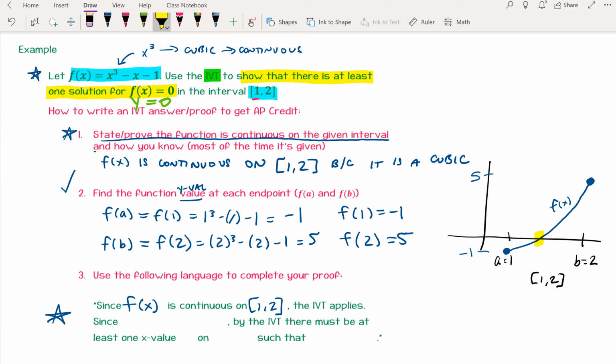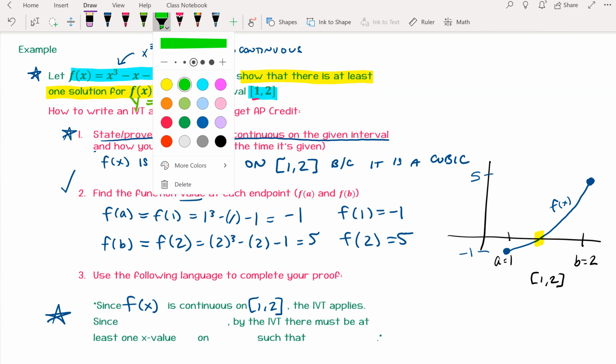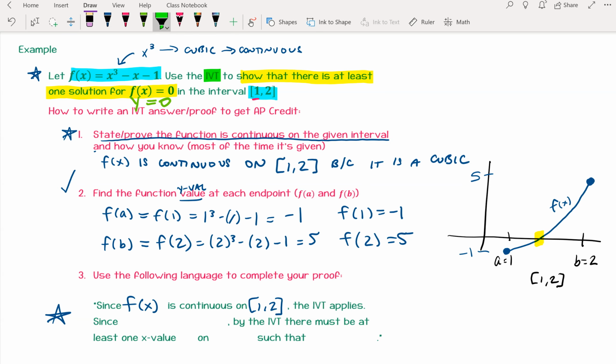We have a number below 0 for a y value, negative 1, and a number above 0, 5. So at some point, it has to equal 0 on its way from negative 1 to 5.